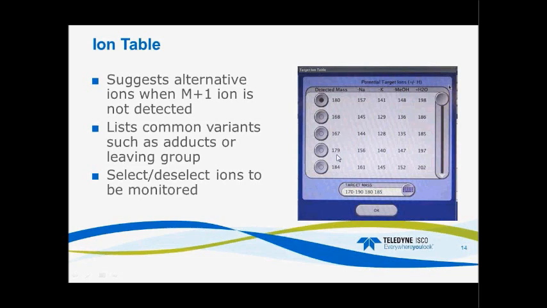If your M+1 doesn't show up as a detected mass in the column on the left, then you can scan through this, and these are some common adducts that are formed. Picks up sodium, picks up potassium, picks up methanol.